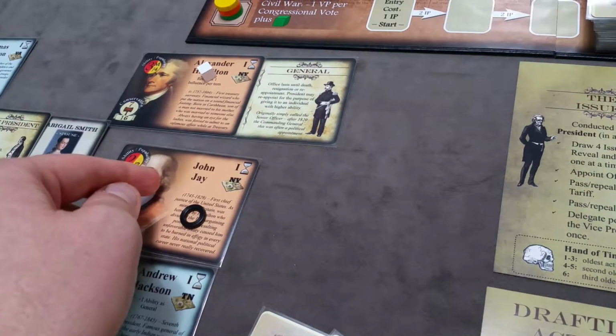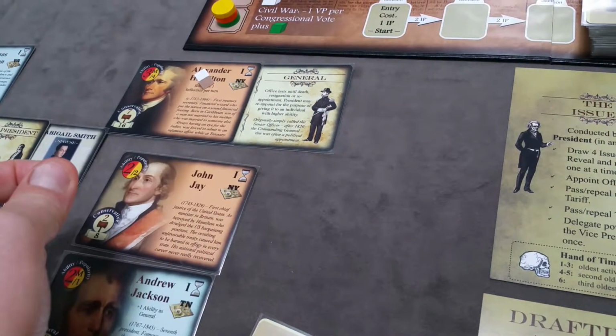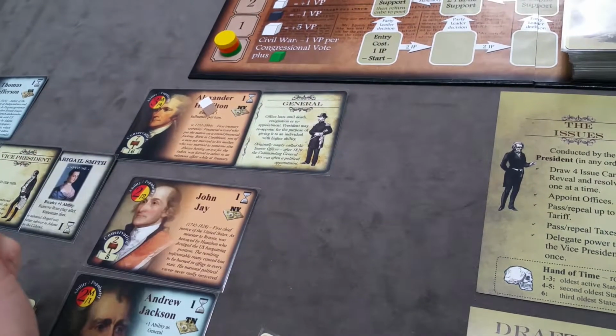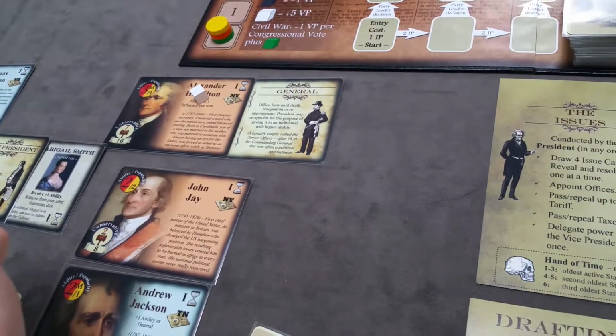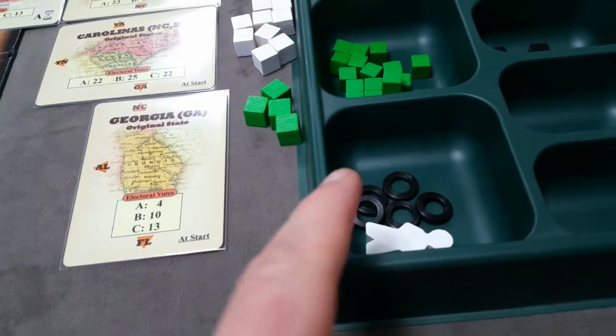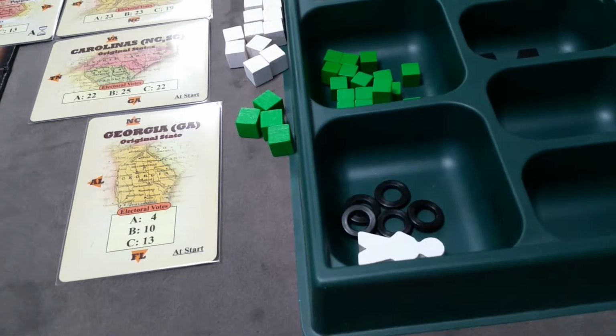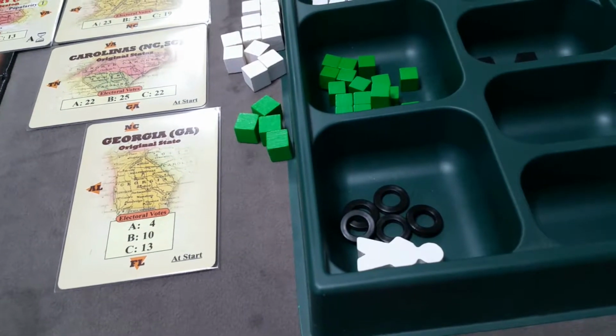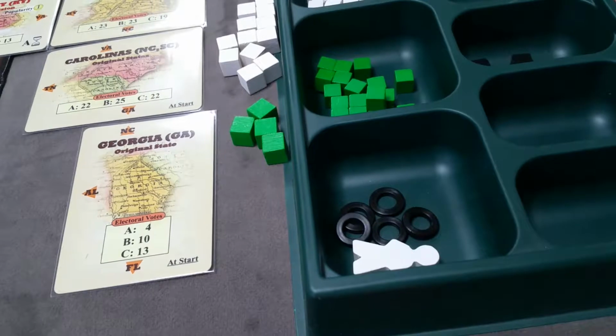You could decline to run for president to remove that black ring. And then the next eligible statesman would be forced to run for president. And then obviously if you win the presidency, you'd get to remove your black ring. Also keep in mind, if you have 2 black rings, you can't run for president or vice president.